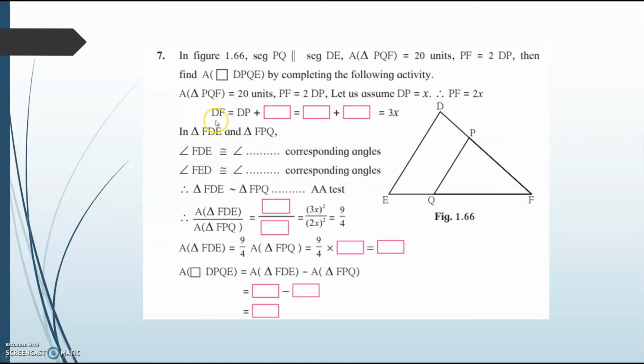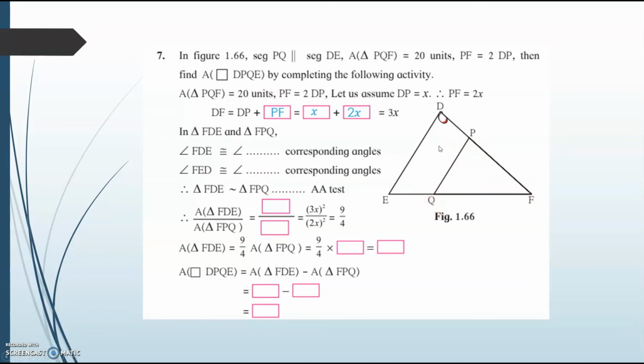Let us assume DP is equal to x, therefore PF will be 2x. Let's fill it up. DF is equal to DP plus PF. Now DP value is x, PF value is 2x. So we get x plus 2x is equal to 3x. Look at triangle FDE and triangle FPQ.